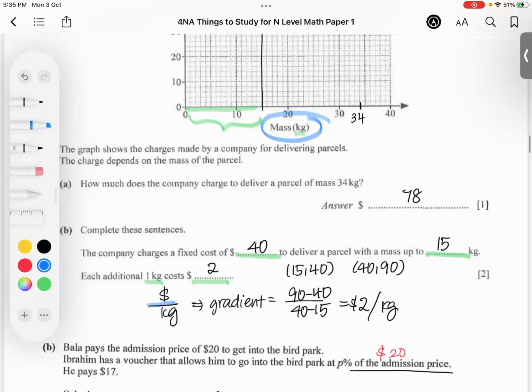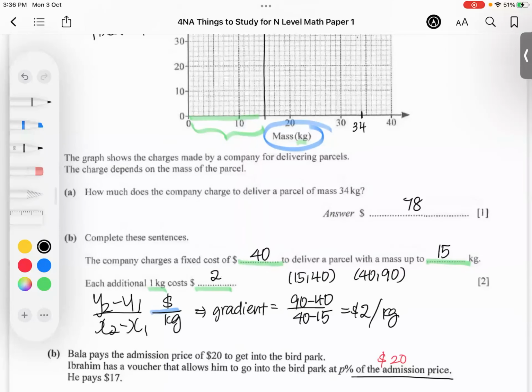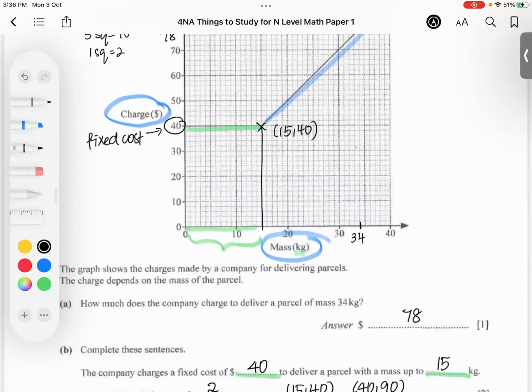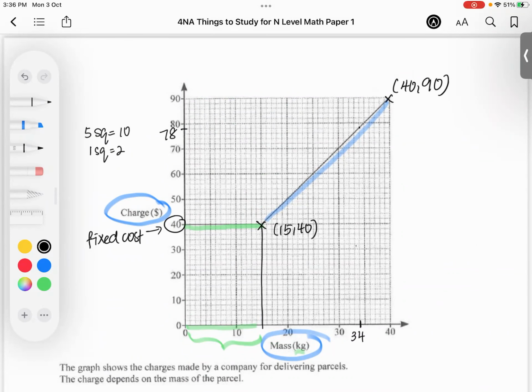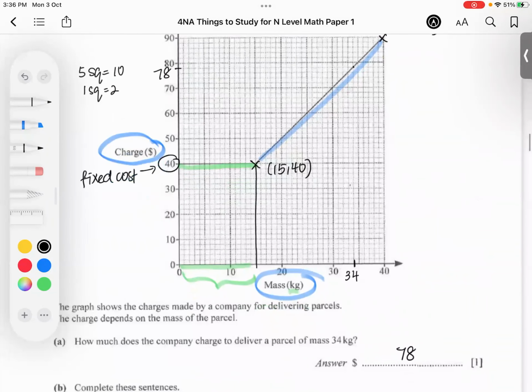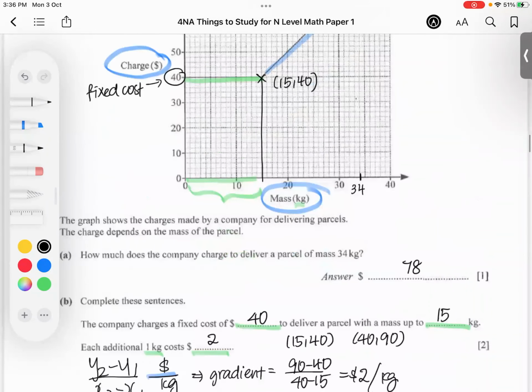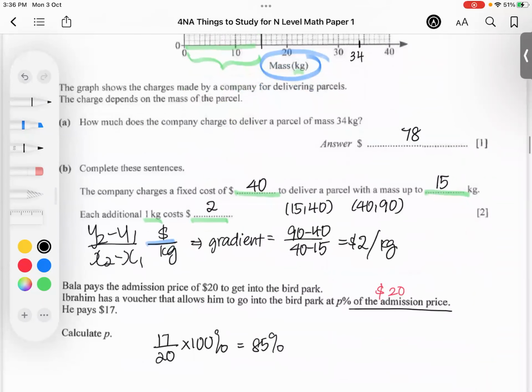So this is actually y2 minus y1 over x2 minus x1, where y unit is money and x unit is kg. Taking these 2 end points of the graph, I find the difference and calculate the gradient. That will give me $2 per kg.